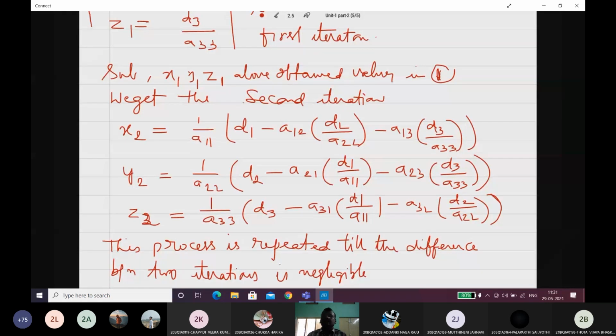This is the simple method that we use to find the best approximate solution by the iteration process, which is known as Jacobi's iterative method.